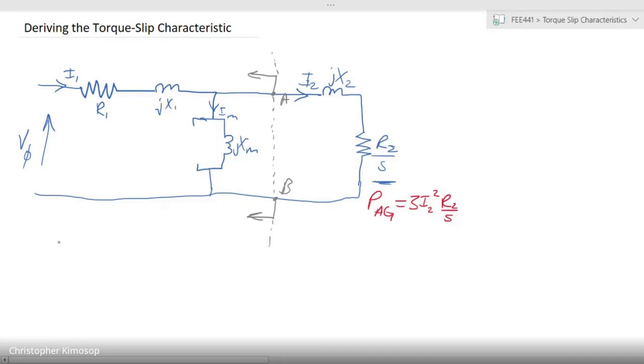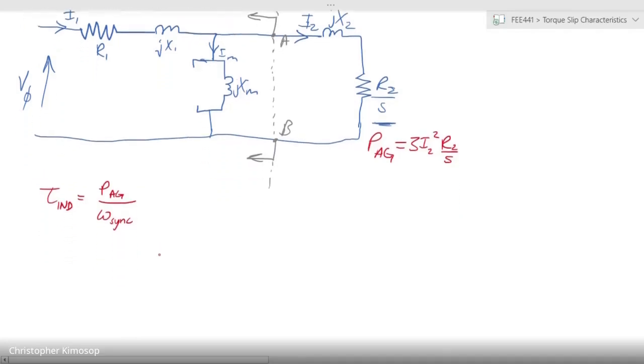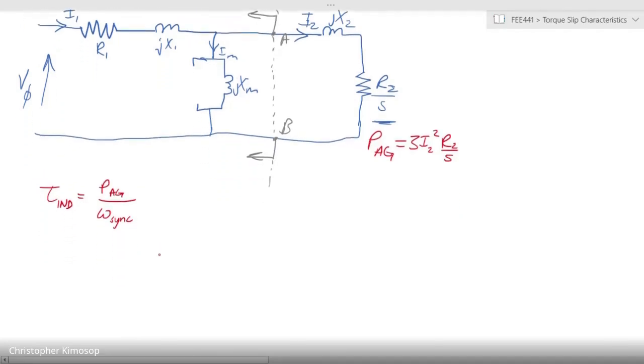Okay, and we are talking about torque in its relationship to slip. So let's start introducing how our torque is represented, and look at the elements that represent torque.